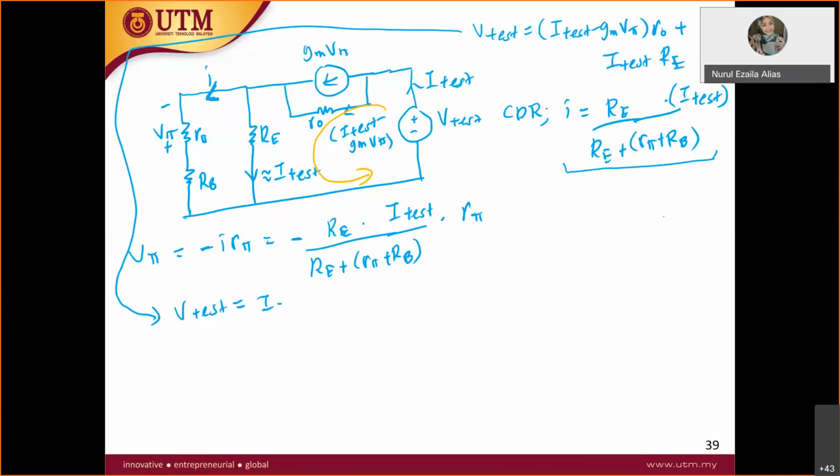So it is equal to the I test R naught, and then minus gm R naught, gm R naught, all right, and then plus I test RE. So you need to put everything, the equation, the I test that you got just now.